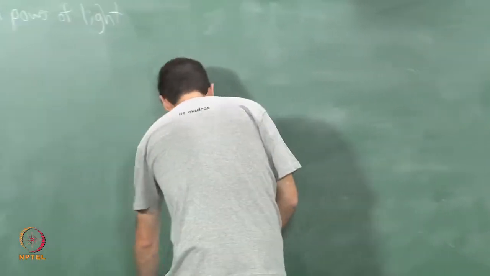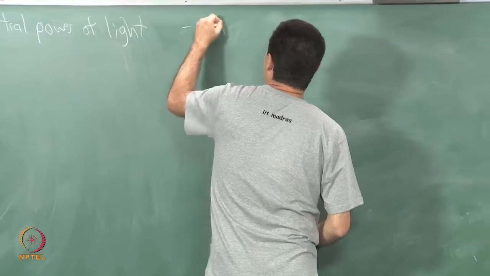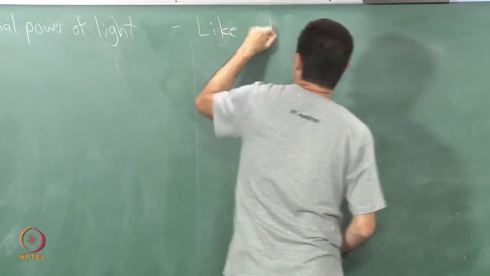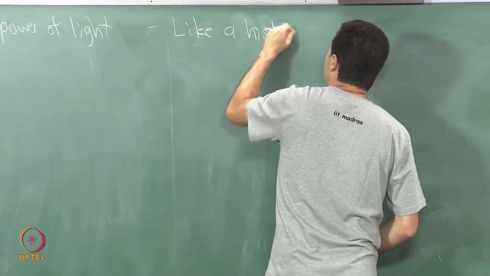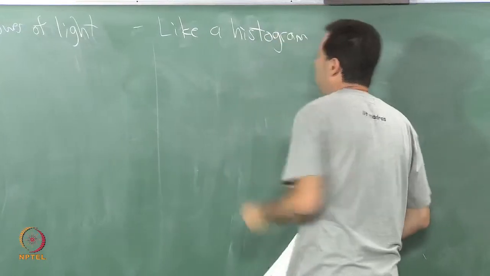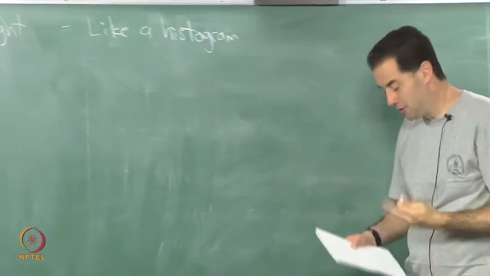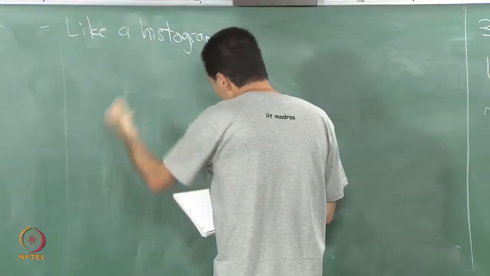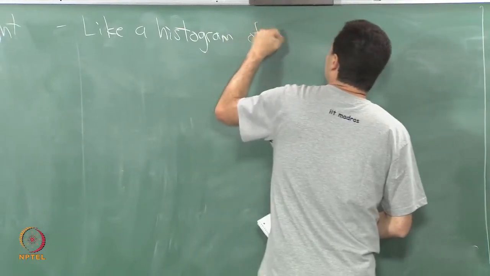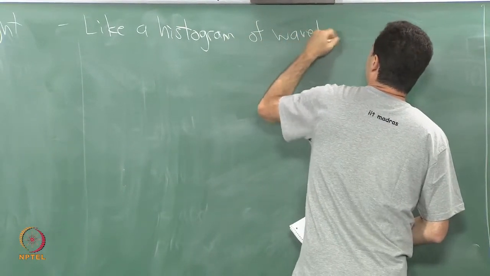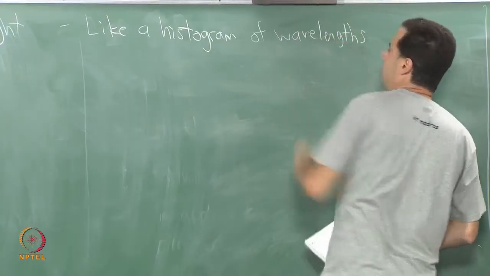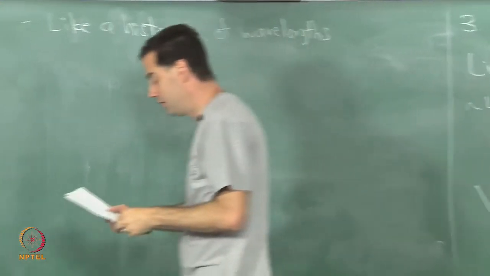So spectral power of light, you could say that that's like a histogram, if you like to think that way. It's not necessarily discrete like this, but it may be helpful to think of it in a continuous way, as kind of a histogram of wavelengths.